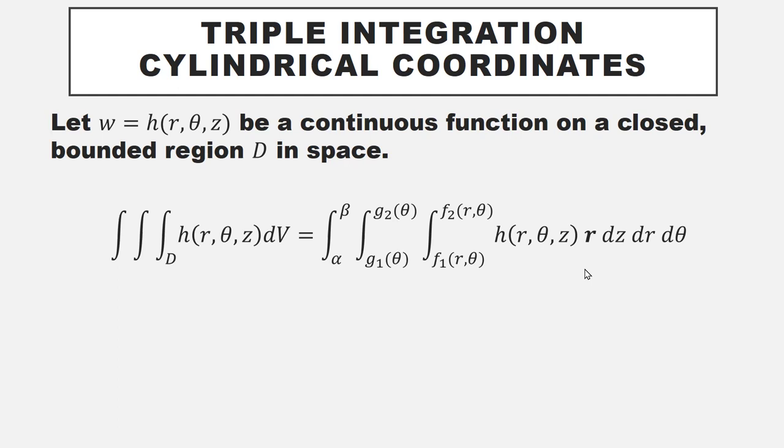But a lot of times we'll see the z is going to be numerical bounds, the r might be some numerical bounds, the theta might be some numerical bounds, and so we have to play with which one we integrate with first. But the whole thing relies on, if we're integrating with respect to volume, then we have to include an r dr d theta dz. So including this r is the big takeaway.